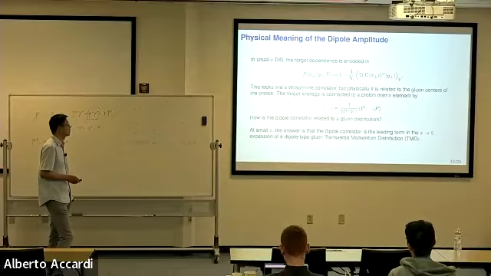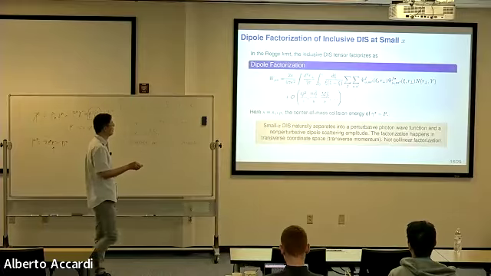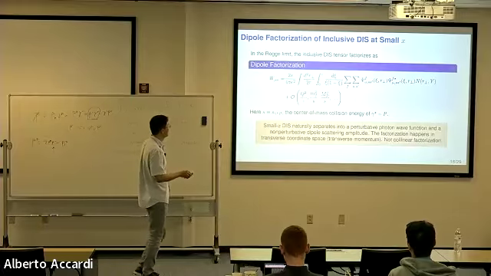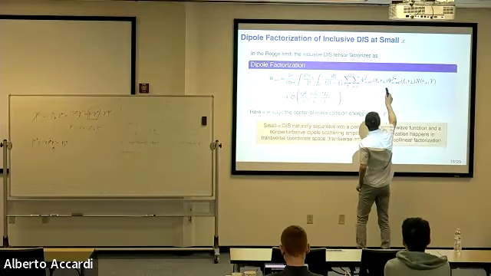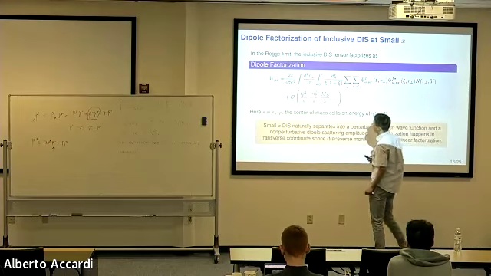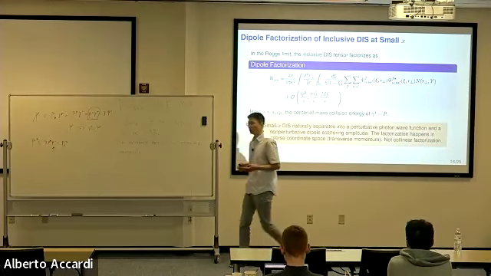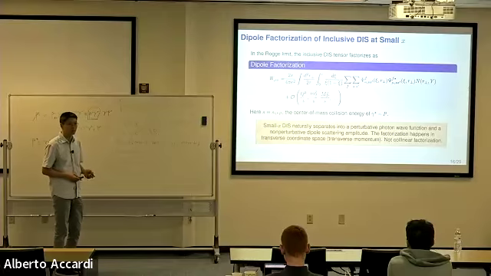Okay, so back to the factorization form. You still have this part, which is the hard scattering part. You have the non-perturbative part, which represents the gluon transverse momentum distribution function inside the proton, but it's only valid in the small x region.